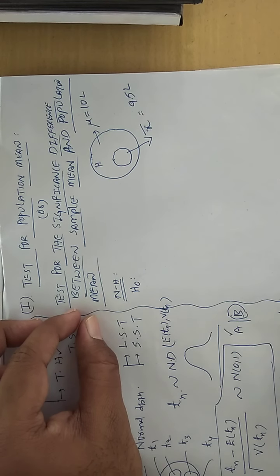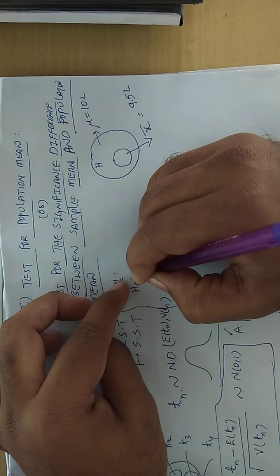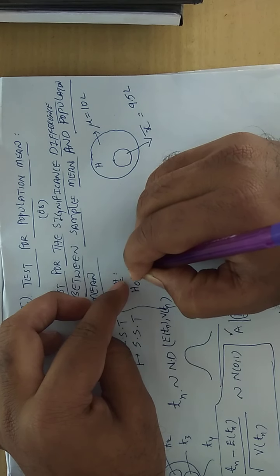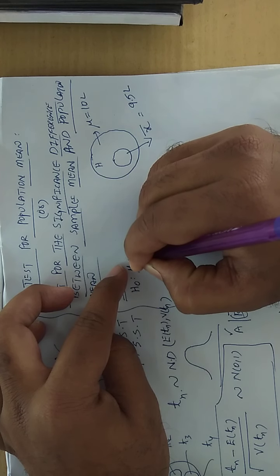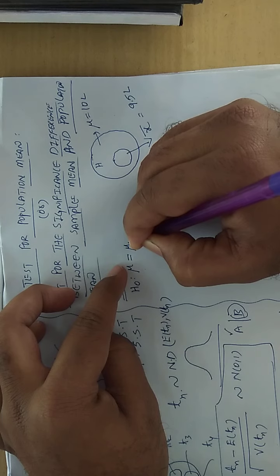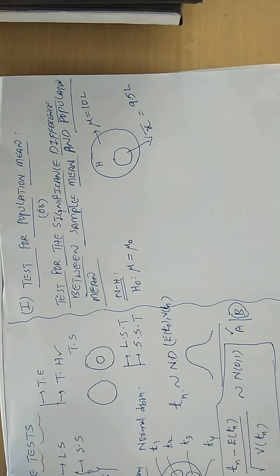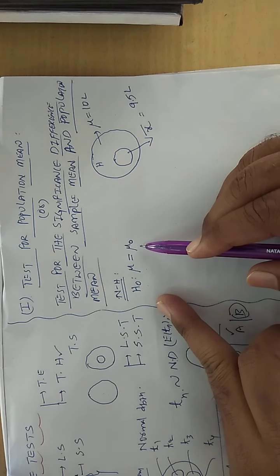First the notation form you need to write. So for the test for population mean, we are considering the population mean as mu, and any given value that you are going to test, you represent by mu naught. This is called the notation form.